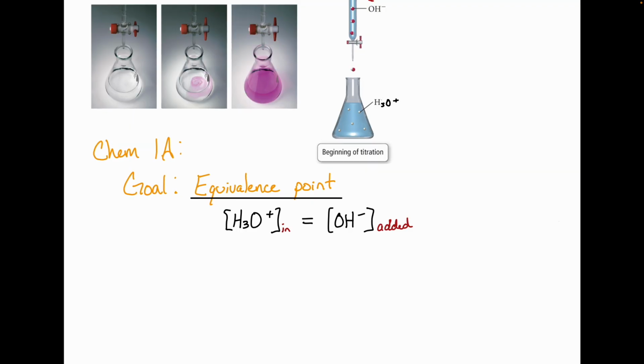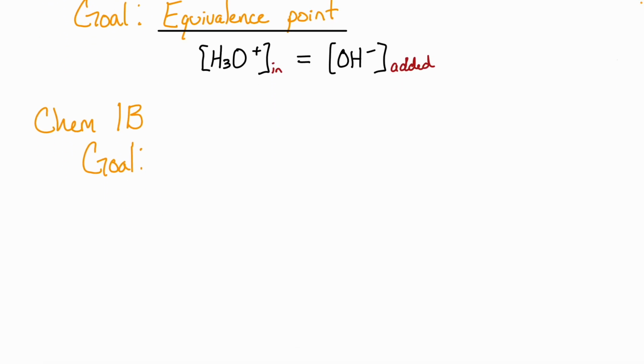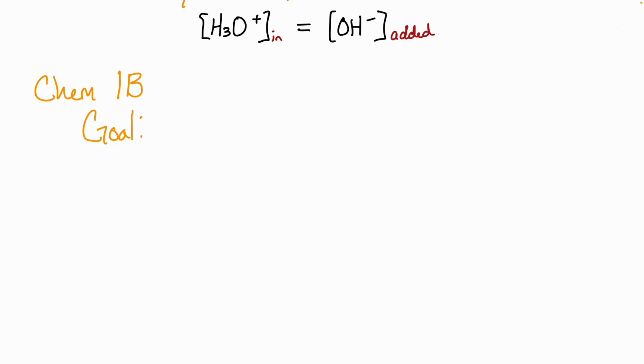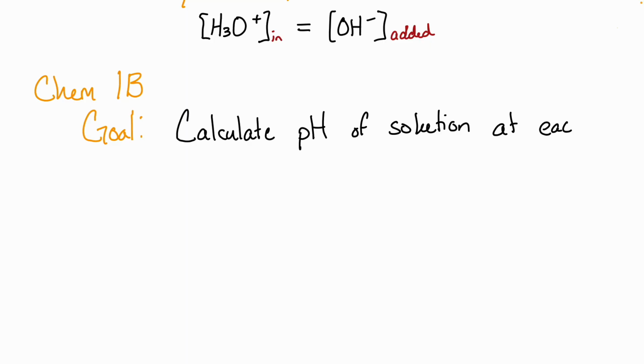We're going to have a very different goal in Chem 1B. Okay, in Chem 1B, our discussion has been all about pH. And so our goal here when we're talking about titrations is to calculate the pH of that solution at each point in your titration.